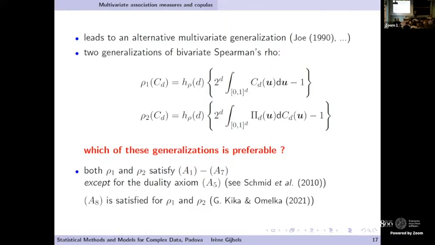For example, you cannot choose between the two measures because they both equally satisfy the properties A1 to A7 which I listed, but not the duality axiom, where the association of X1 to Xd is the same as that of minus X1 to minus Xd. They don't satisfy that. And they satisfy the independence type of property, which we showed a year ago.